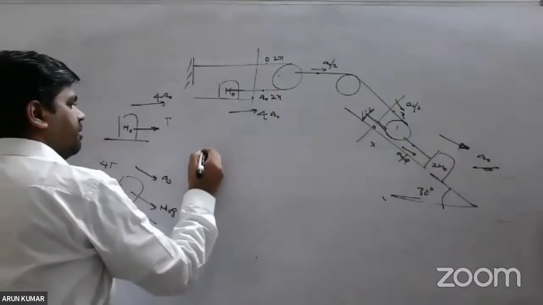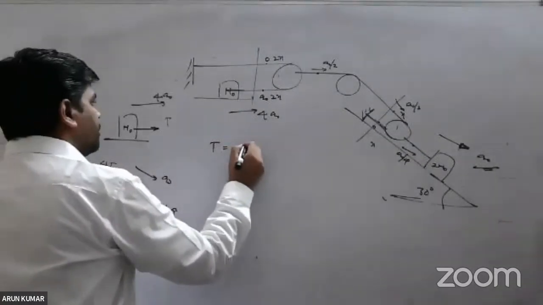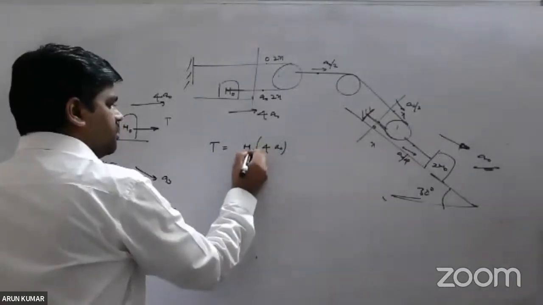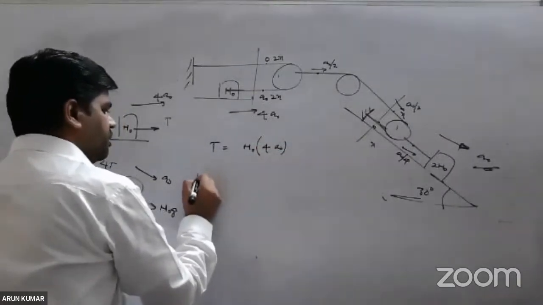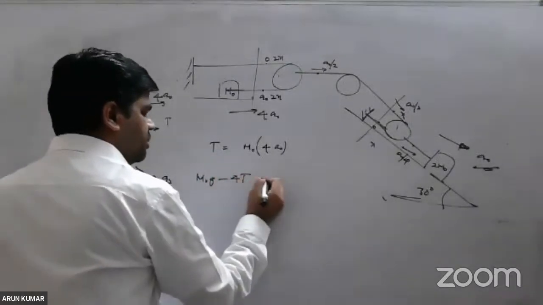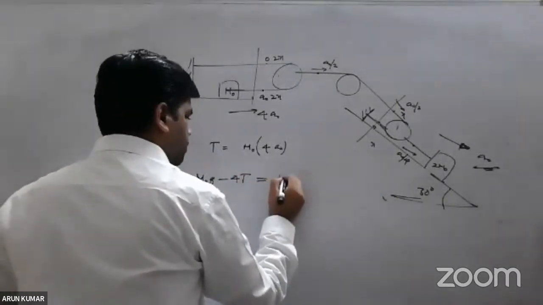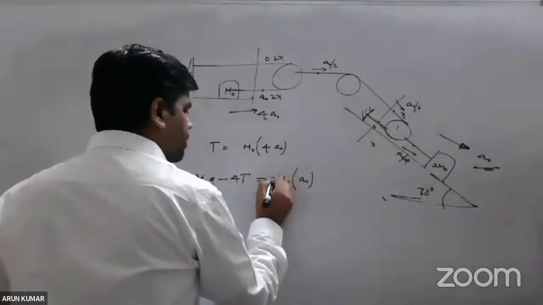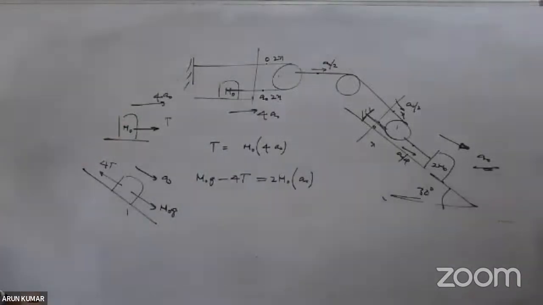I'll write the equation for this upper block. T is equal to mass into 4a naught. For the lower block, m naught g minus 4T is equal to 2m naught into a naught, because mass is 2m.